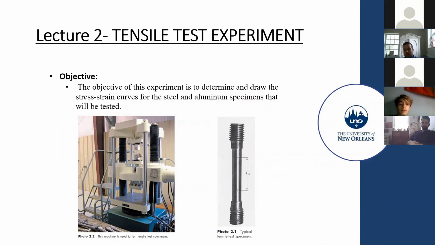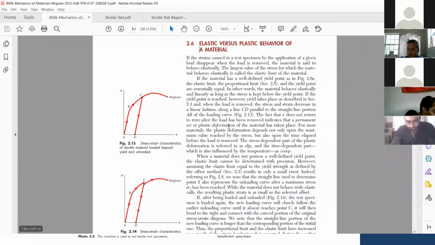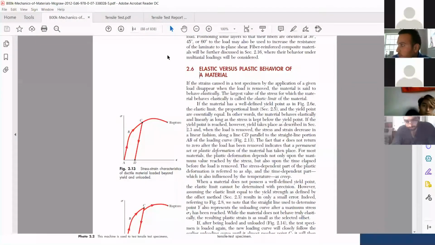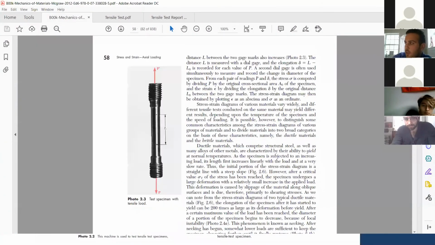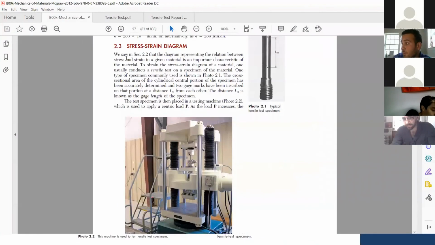Otherwise, class is over. Is there anything that you want us to do before next week, or just wait until next week? So before next week, in the Mechanics of Materials book in PDF format, let me pull up this book again. It starts from page 57, section 2.3, stress and strain diagram.